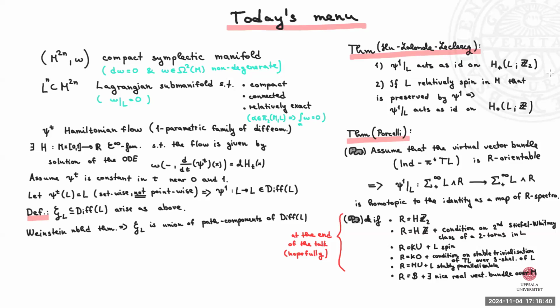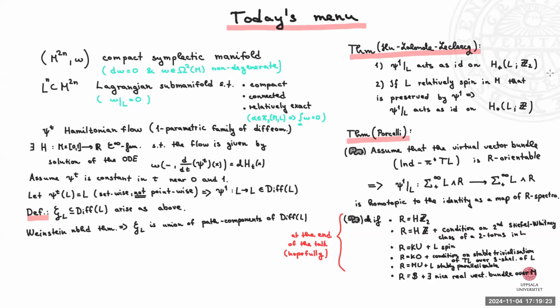So if this assumption elephant holds, then this one-time flow is homotopic to the identity as a map of R-spectra. So you take a suspension of L, you smash it with R to get this R-module structure on it, and it acts there as an identity. So it's like the ultimate generalization of making your coefficients crazier and crazier along the way.